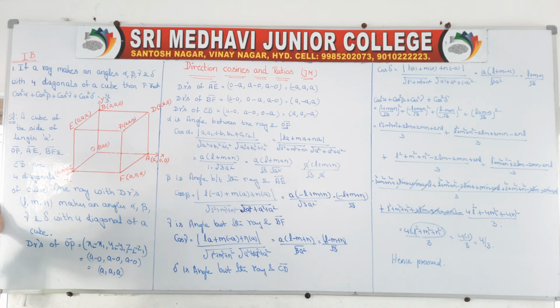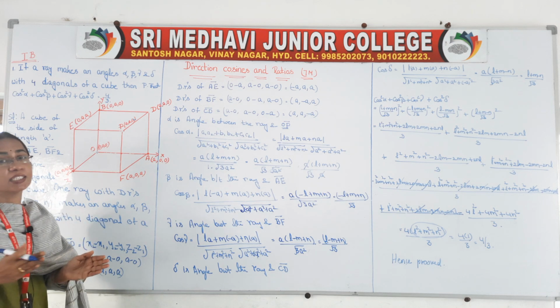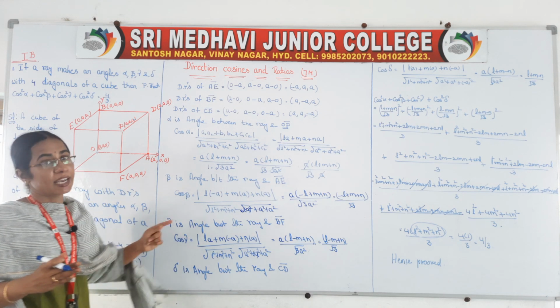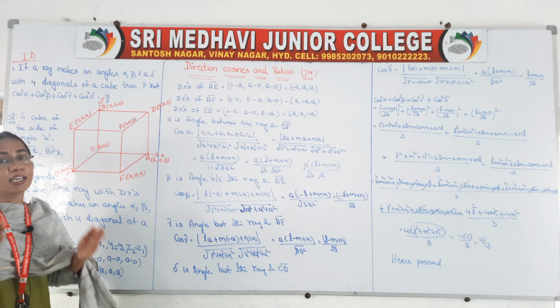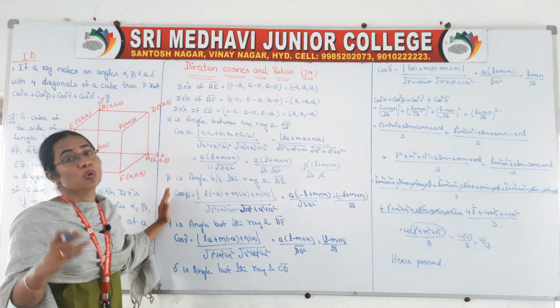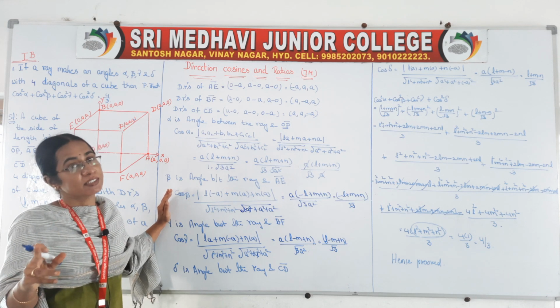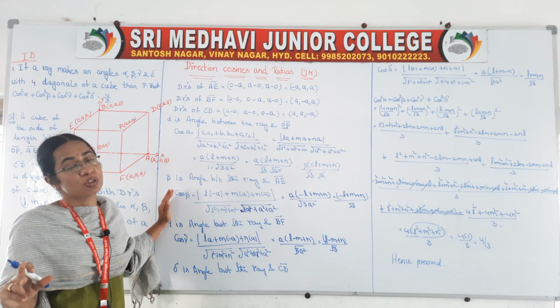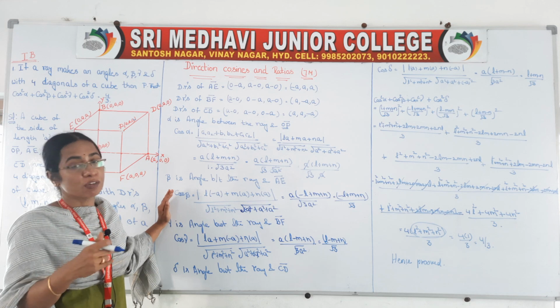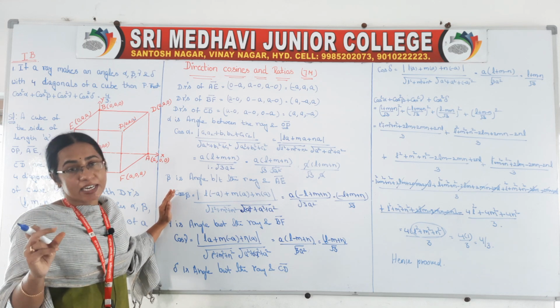Why? We know that the ray makes angles with all these 4 diagonals. So, to find the angle between 2 lines, we need the direction ratios of the 2 lines. The ray's direction ratios are L, M, N and we need the 4 diagonals' direction ratios.